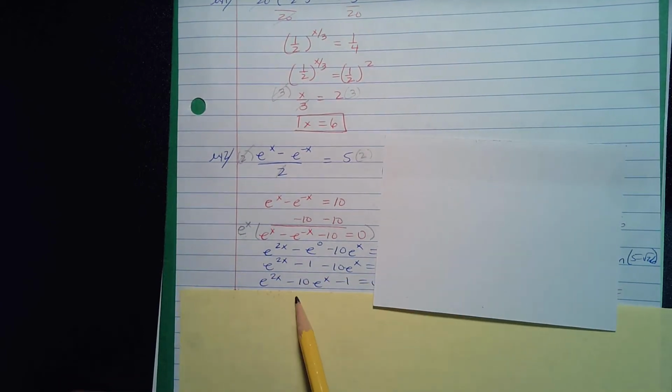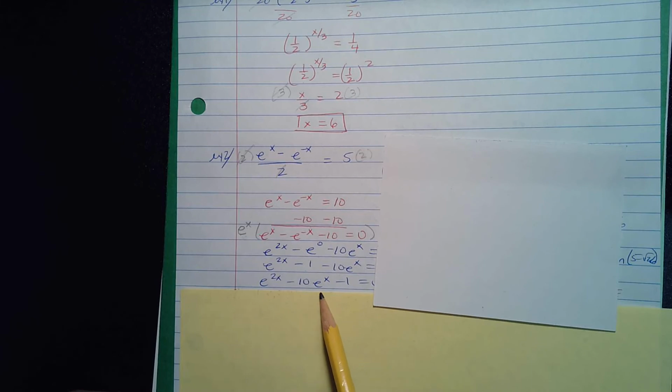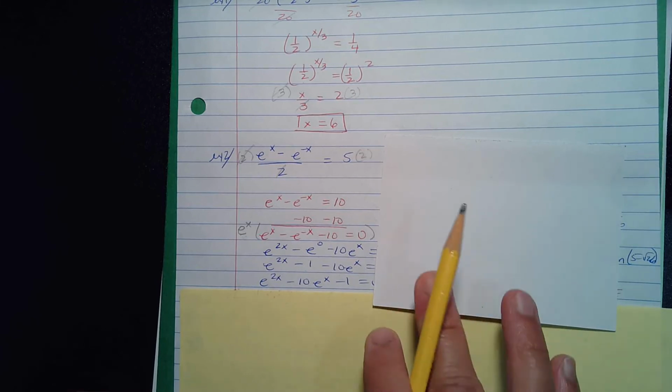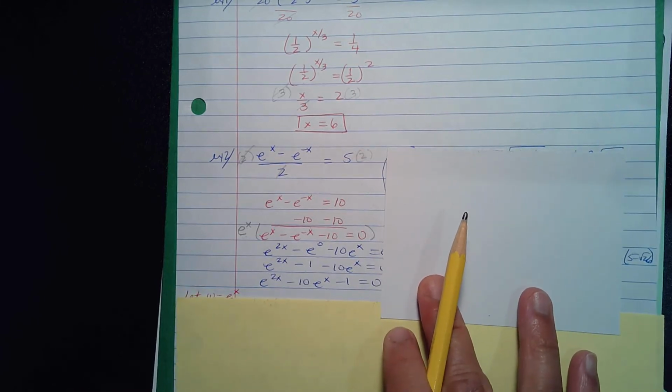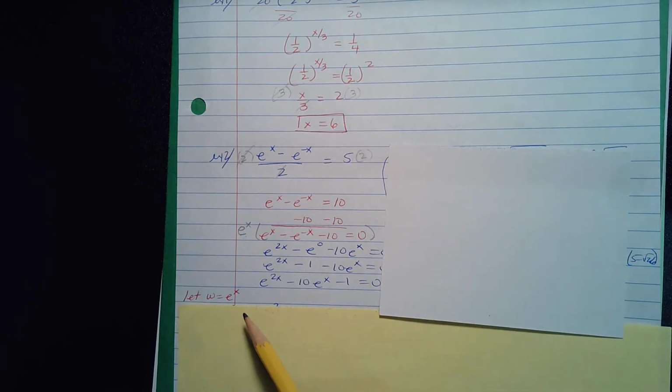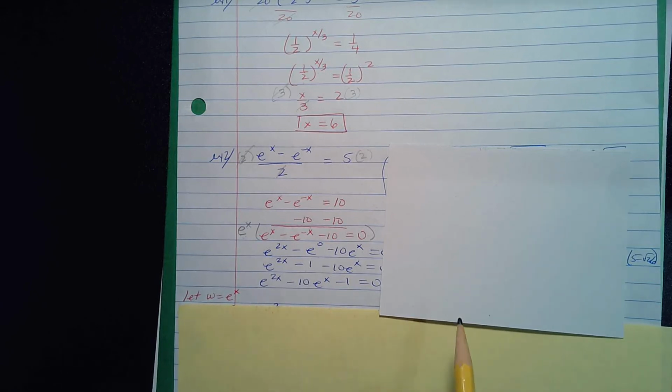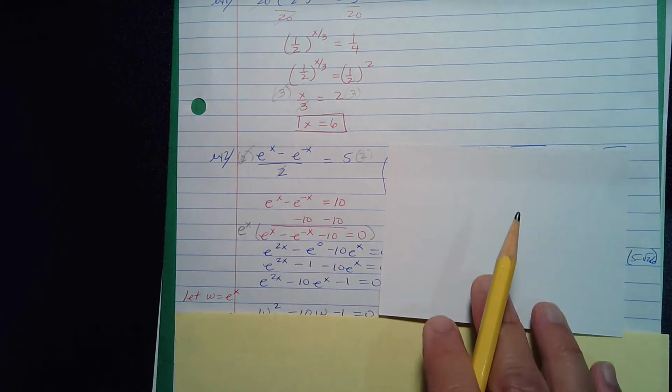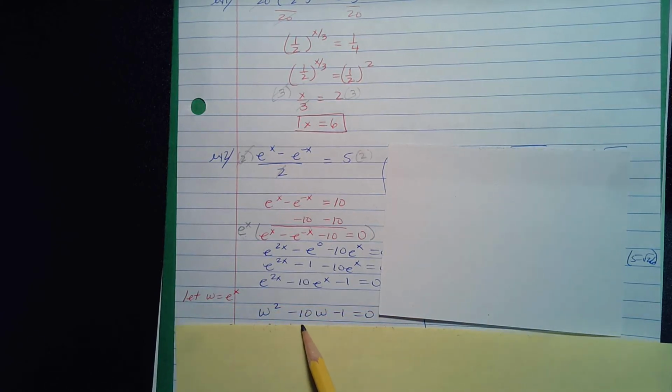So we have e to the 2x minus 10e to the x minus 1. And so you can see that it is a quadratic. I'm going to let w equal e to the x. So wherever I see an e to the x, I'm going to replace it with w. So we have w squared minus 10w minus 1 equals 0.